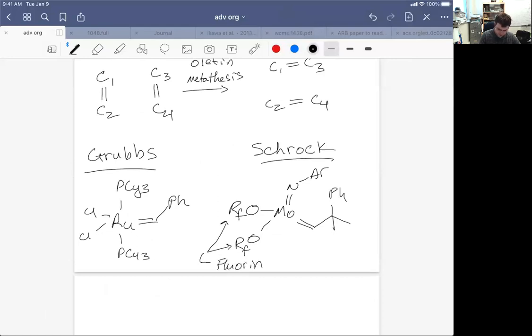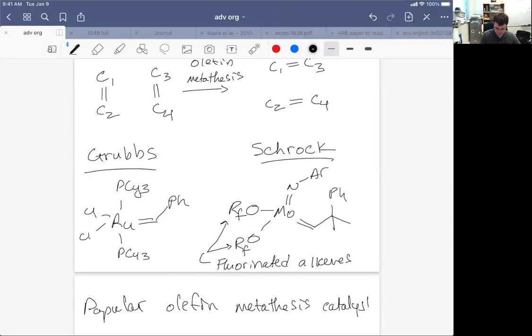So what I have in front of us are the olefin metathesis catalysts, the Grubbs catalyst and the Schrock catalyst.